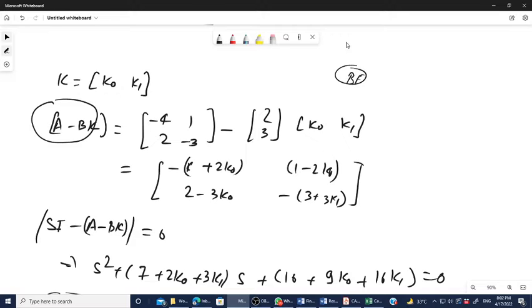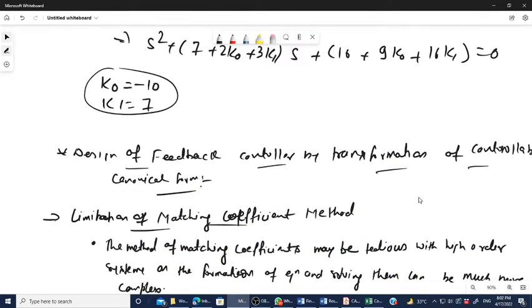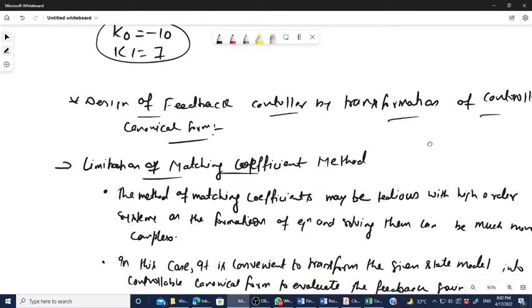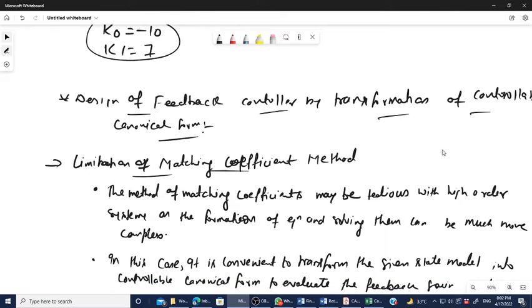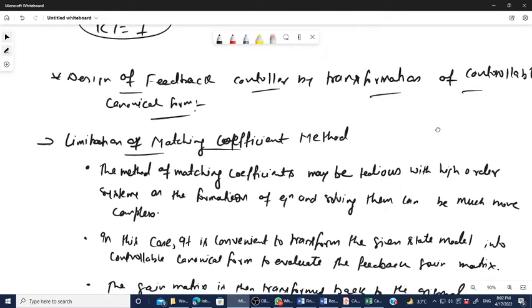Then we started with the method of matching coefficient, and you have already seen the different steps. First of all, you have to check the controllability. Complete controllability is the necessary and sufficient condition in order to design that. Then you have to find the desired characteristic equation based on the design specification.